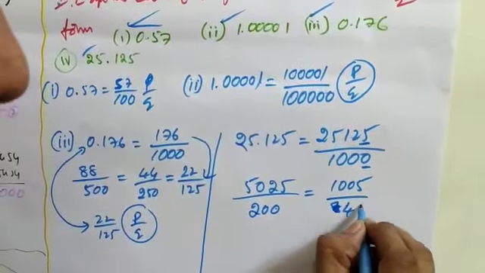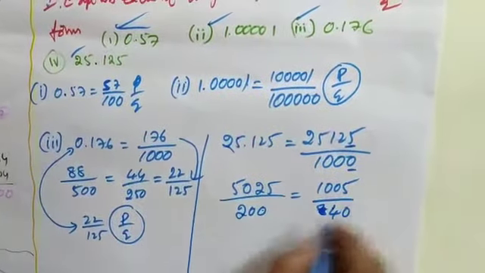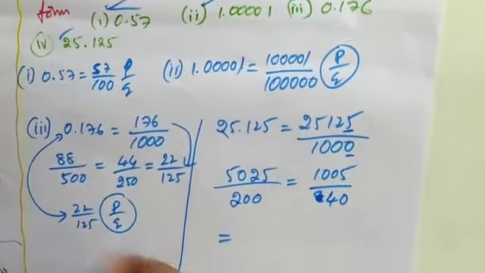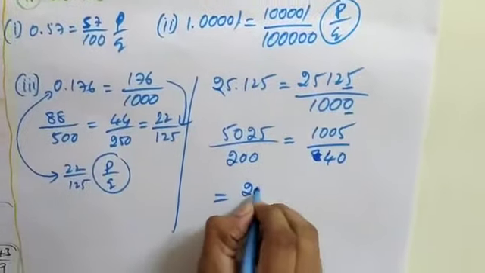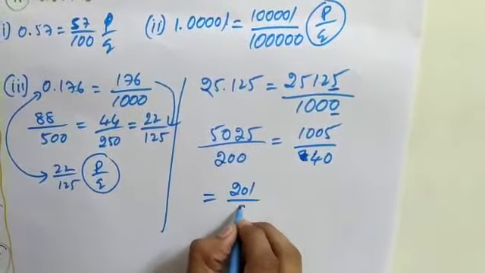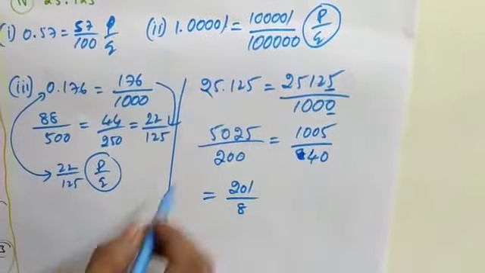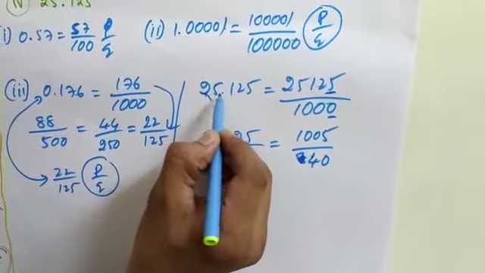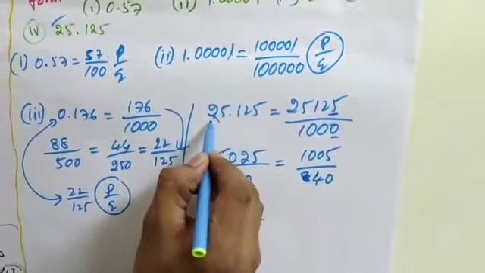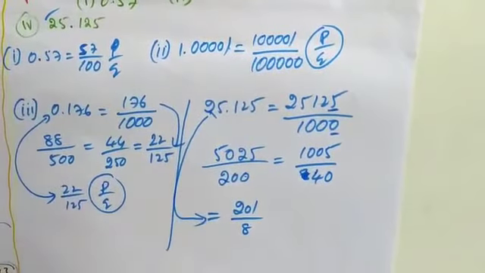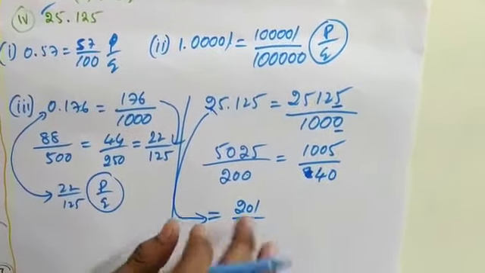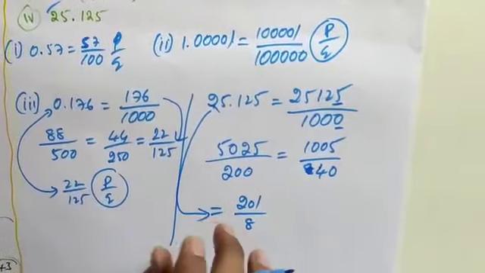Again dividing by 5, we get 201 divided by 8. Finally, 25.125 converted from decimal form into rational form is 201 divided by 8.